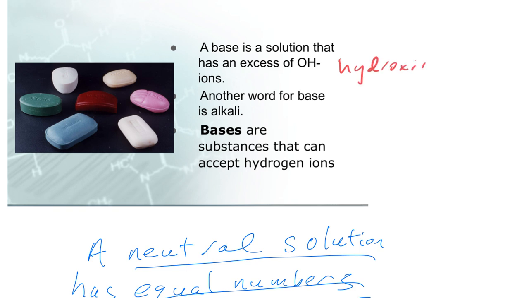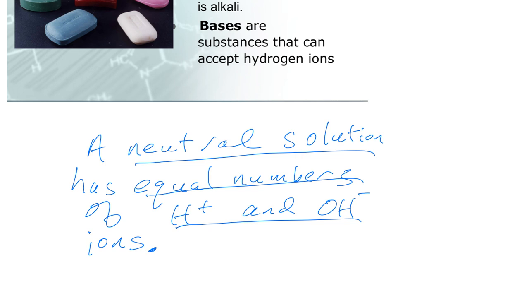Bases have more OH minus dissolved in them than H plus. Okay, if you have a neutral solution, it has equal numbers of H plus and OH minus ions. They kind of neutralize each other and form water.